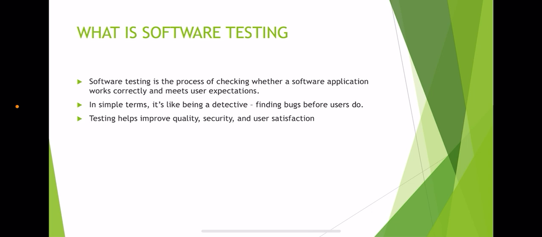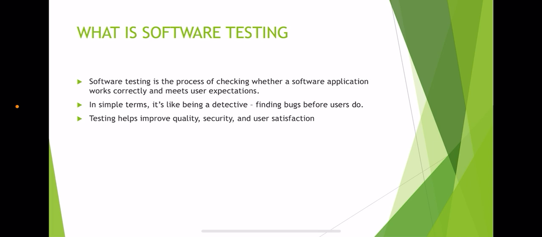We have web-based applications and desktop applications, which are installed offline on our system, as well as online applications like normal shopping websites. Finding the defective part in the application is commonly known as software testing.